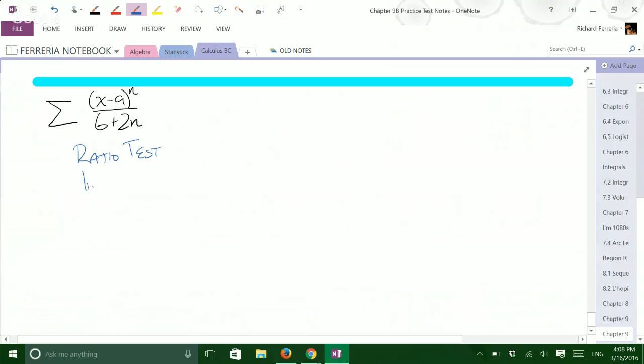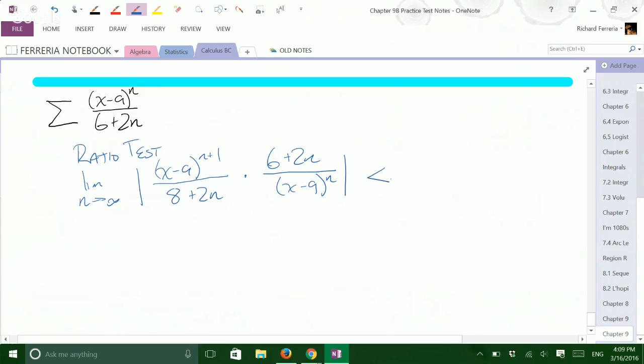Okay. Limit, n's going to go to infinity. Got x minus 9 to the n plus 1, and I think 8 plus 2n. This time I kind of want to force it to be less than 1, although you can hold off on that if you really want to.